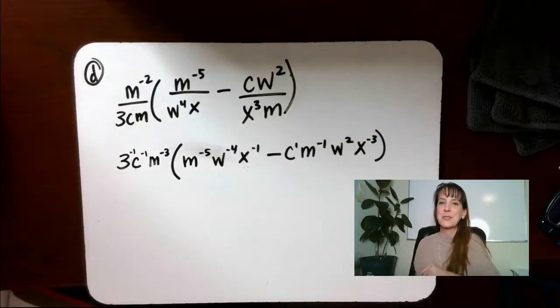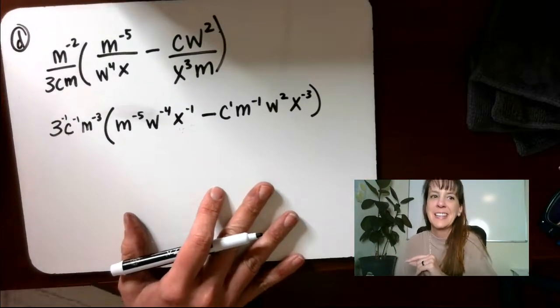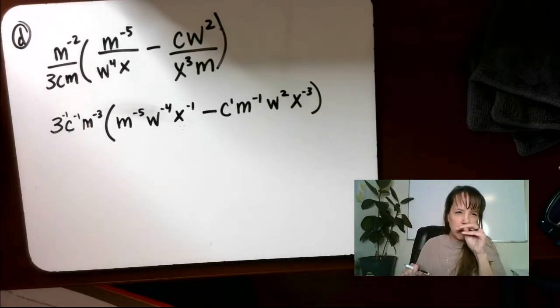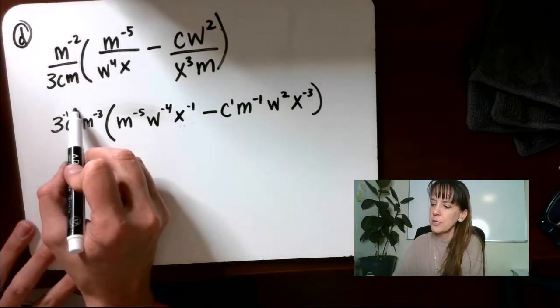I'm being super careful that I don't make mistakes on this. So, okay, I'm looking at it, I think we're good. Okay, so we're going to just distribute all this garbage to that garbage.